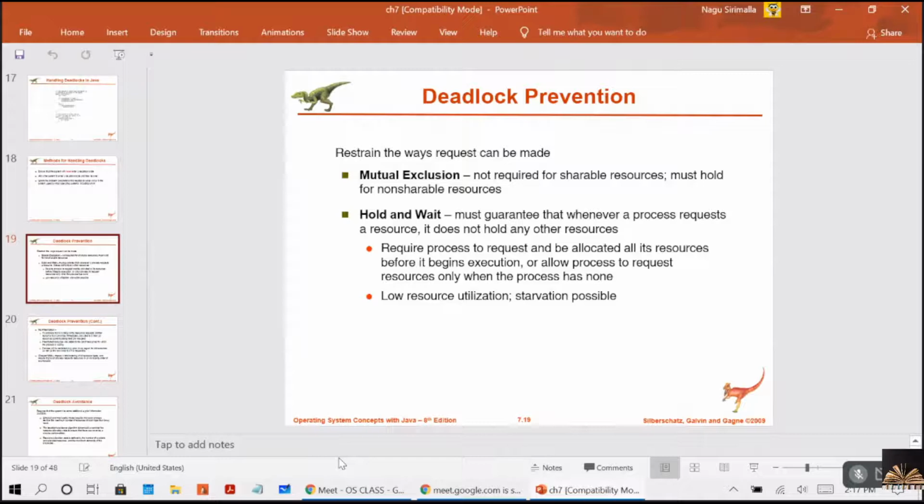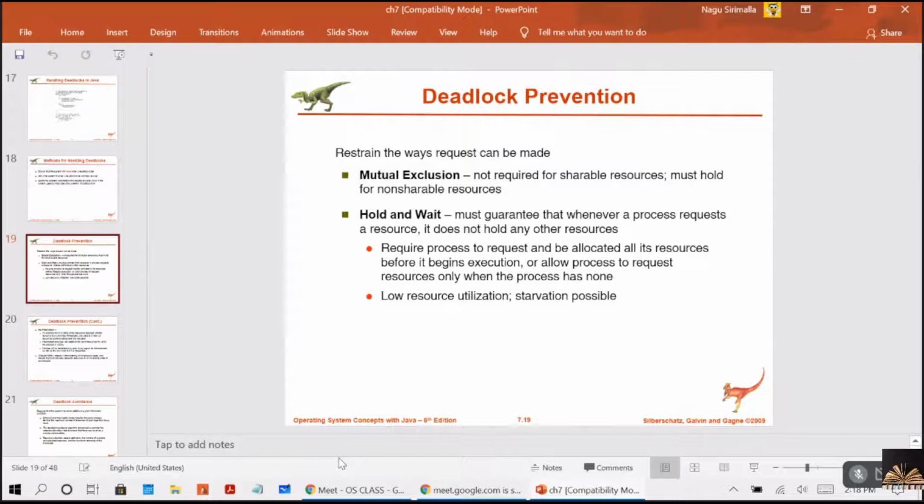But these days, most of the resources are shareable resources. So that is the reason it is not possible to prevent the deadlock using the mutual exclusion condition.